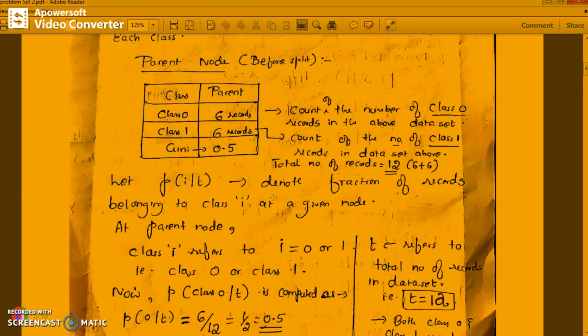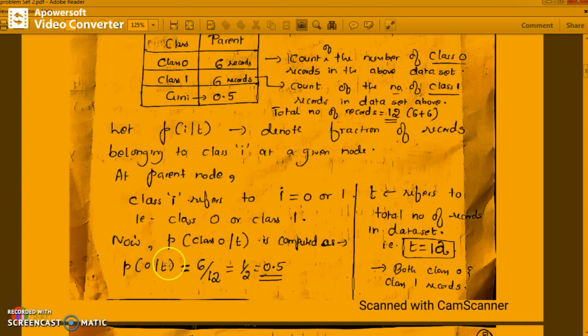So 6 records belong to class 0, divided by the total of 12 records. Out of 12, 6 belong to class 0. That is the fraction you are computing, one part required to compute your degree of impurity. So you have got 0.5.